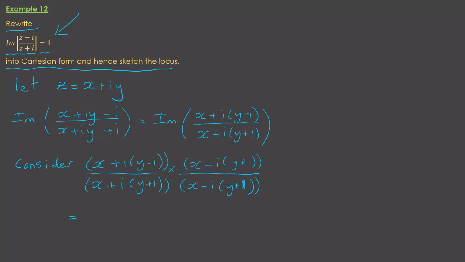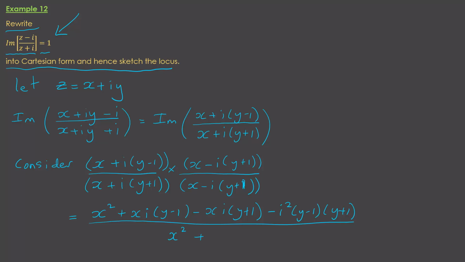So we're going to get x squared plus x iy, minus x iy, minus i squared times (y minus 1)(y plus 1). And on the bottom we've got a difference of perfect squares, so we can just say that that is x squared plus (y plus 1) squared.